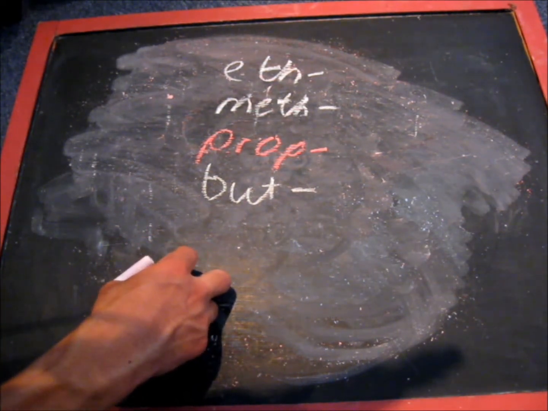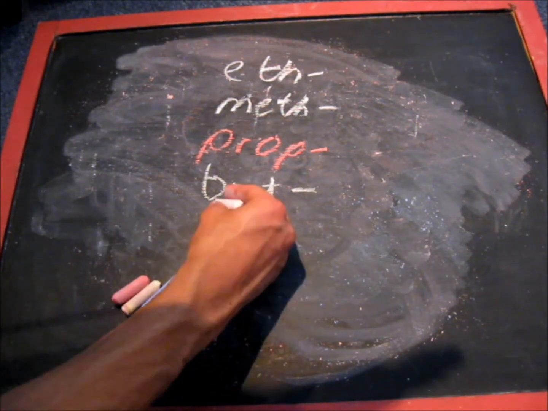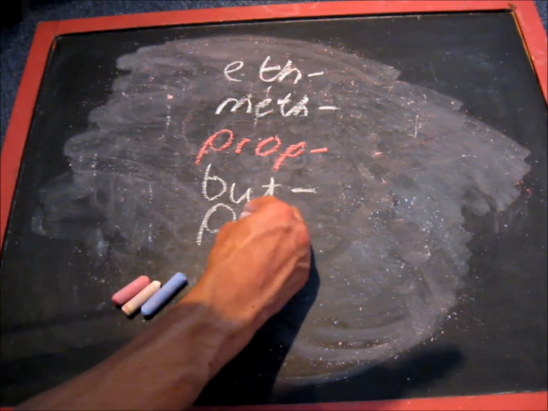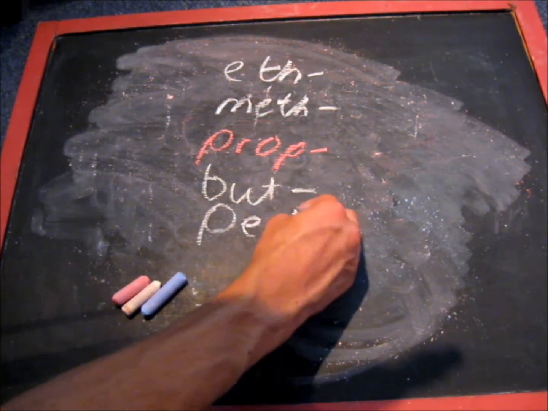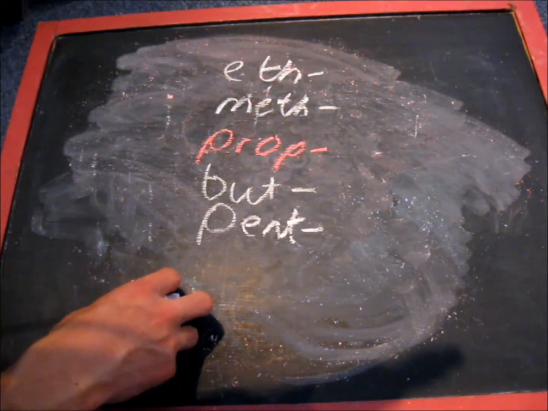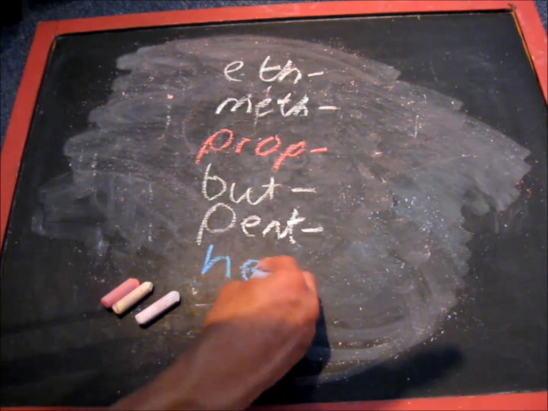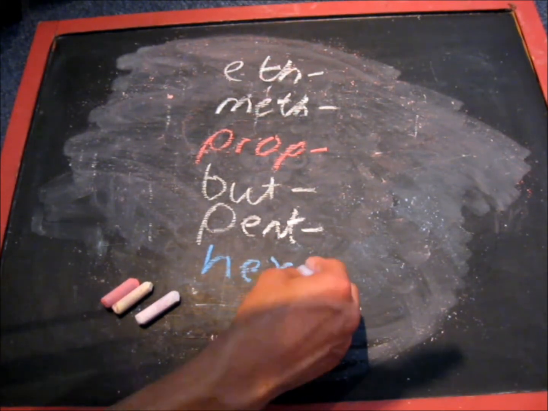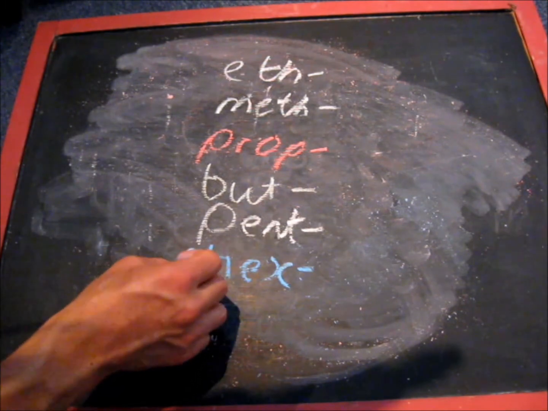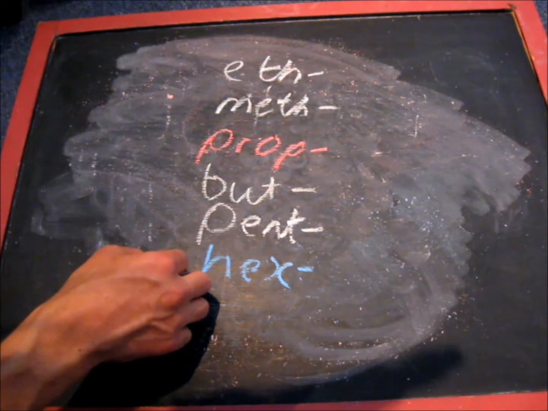Yeah, that's right, it's 5. So it follows the same pattern. 5 carbons makes it pent. And obviously we all know hexagons. So a hydrocarbon with 6 carbons has a prefix of hex.